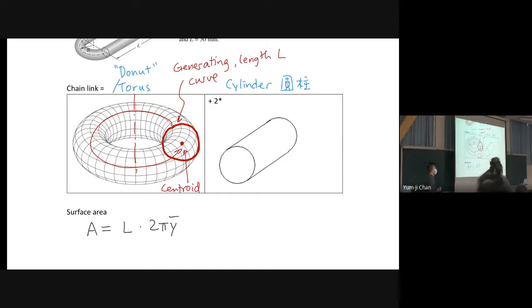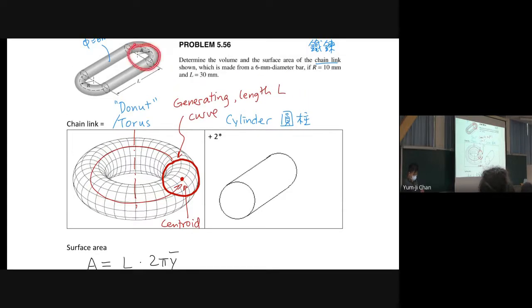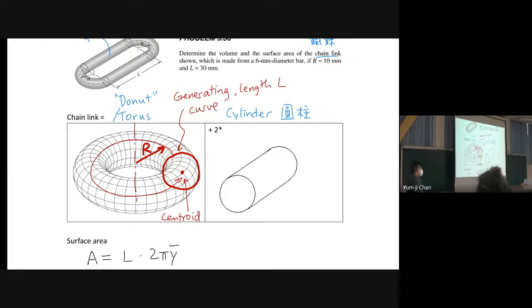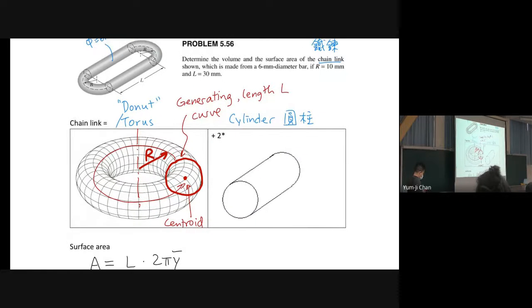And the distance traveled by the centroid should be this one. In the problem here, it is given as R. This R is this R.